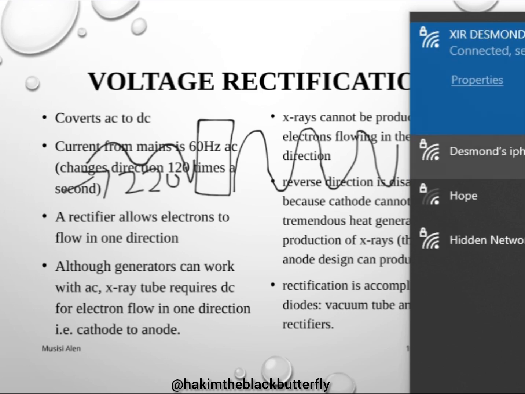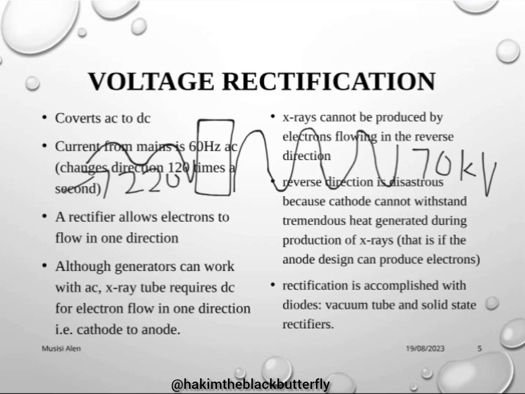We want electrons to only flow from the cathode to the anode. We don't want a reverse flow. And that reverse flow can't happen because the anode does not produce electrons. Electrons are only produced at the cathode by the filament. So we want electrons to only flow in one direction from the cathode to the anode. So we need the DC in the X-ray tube.